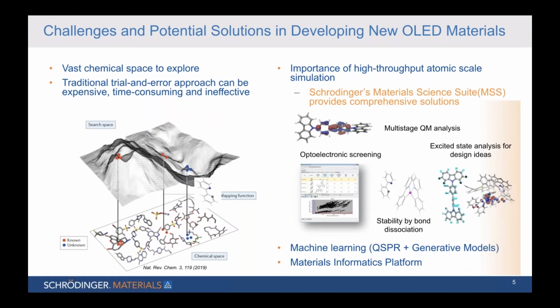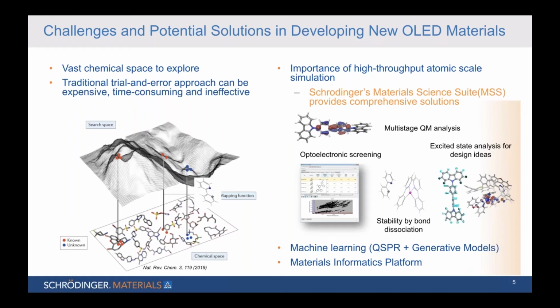That includes, for example, multi-stage QM analysis, optoelectronic screening, using bond dissociation energy to predict stability, also excited state analysis to help you get better design ideas. So that's on the simulation side.